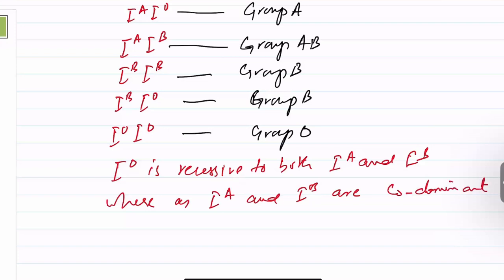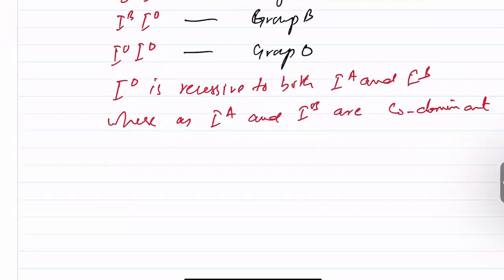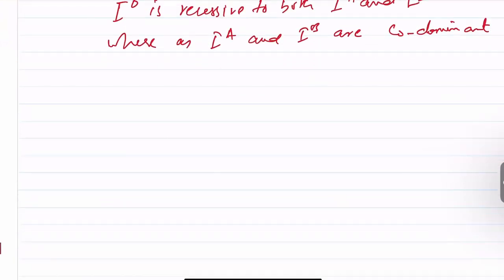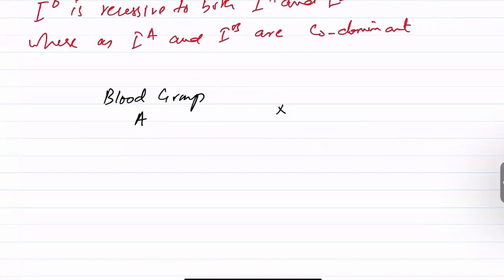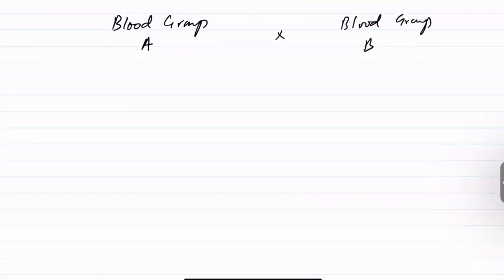So let's see. If one parent with blood group A is married to another person with blood group B, all the children born to this couple will be with blood group AB.